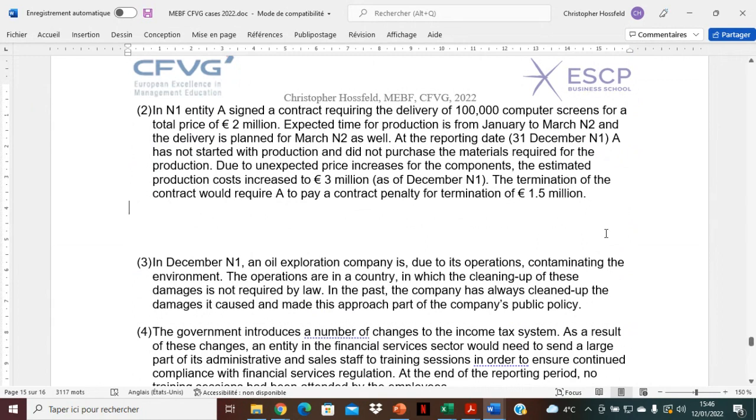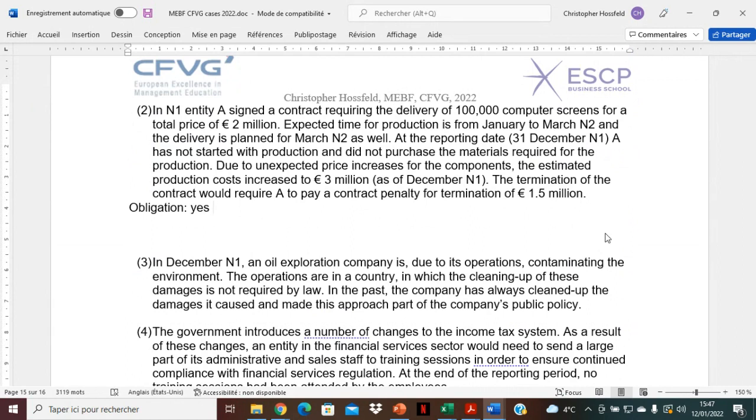Okay, so it means I have a contract here. And well, does this contract lead to the accounting for a provision? So first one, is there an obligation? Do I have an obligation here? Well, yes.